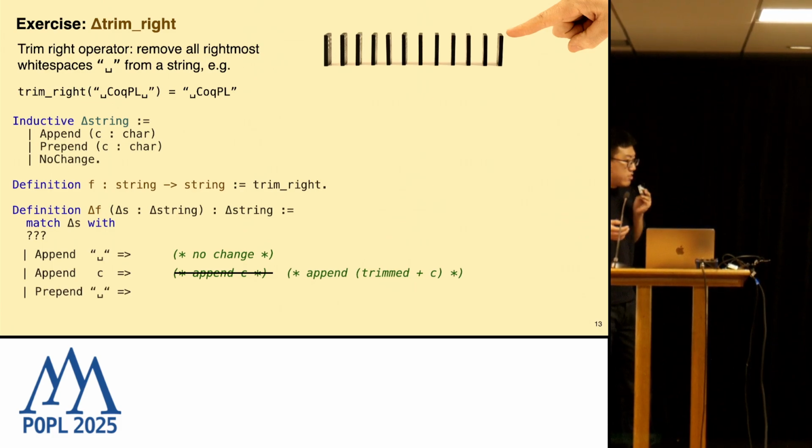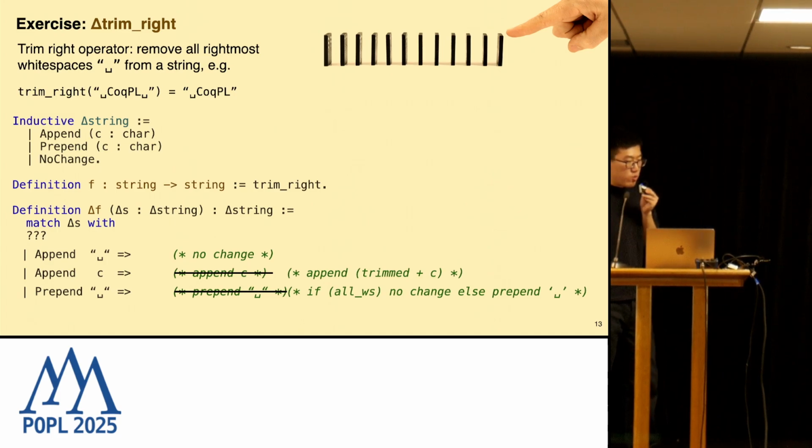So the next case is prepend white space. As trim right only handles the white spaces on the right-hand side, should the output change naturally be prepend white space? Well, actually not again. Because we forget the case that if the original string only contains white spaces, then prepending a white space will not produce any output change, because the output is still the empty string.